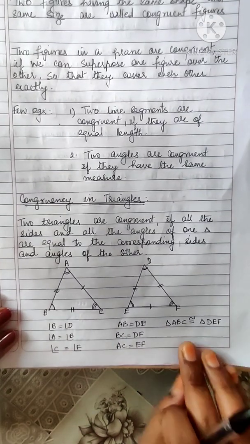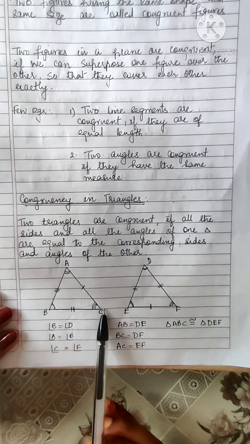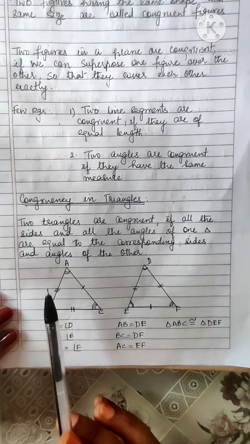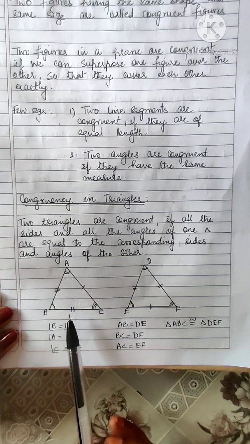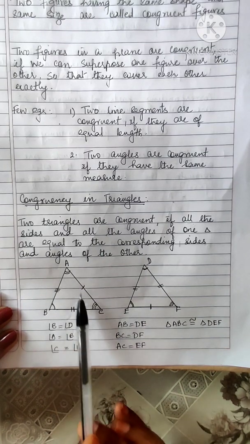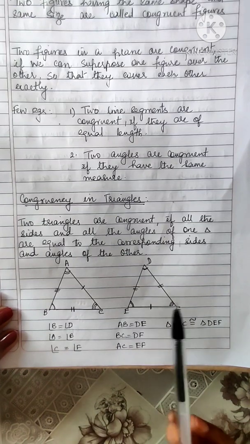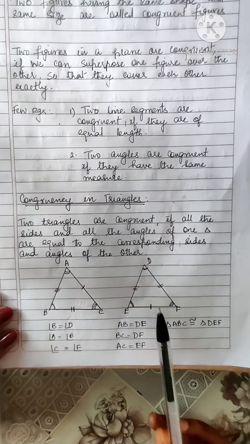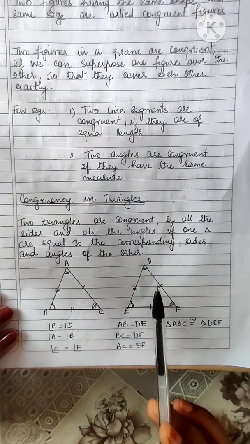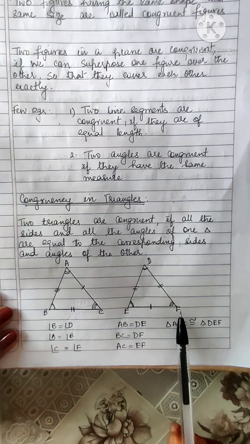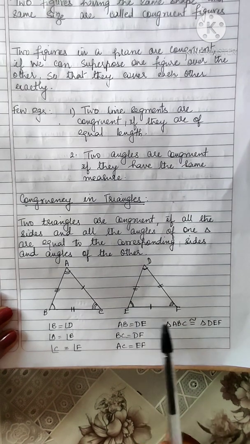Now if you observe the first triangle ABC, here A, B, C are the angles and AB, BC and AC are the sides. And you have another triangle DEF, where D, E and F are the angles and DE, EF and DF are the sides.